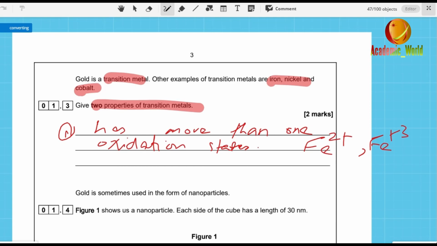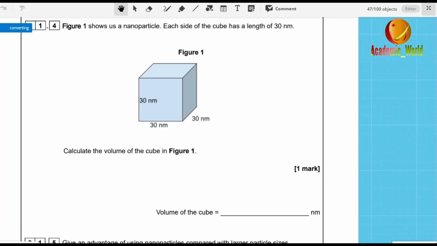That is the first point. The second point you can write here is that they form colored complexes. Okay.